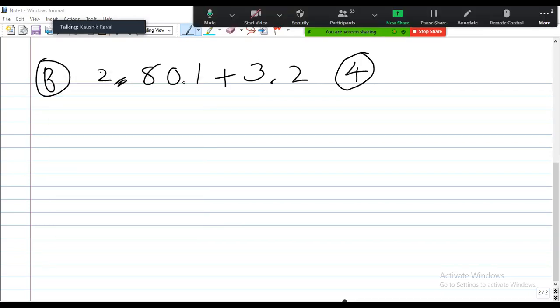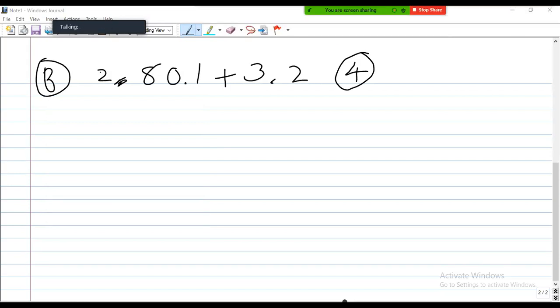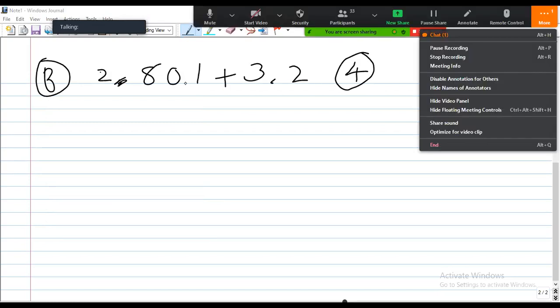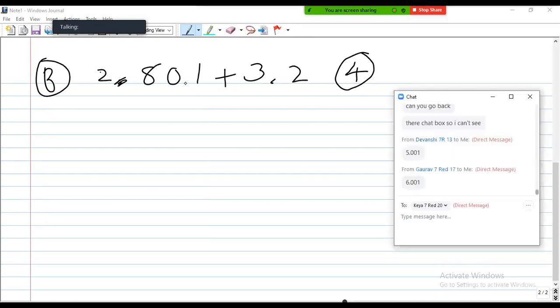Come on, solve this. Devanshi, incorrect again, beta. Please check your answer. Arya Mehta, nope. You have to carry forward.